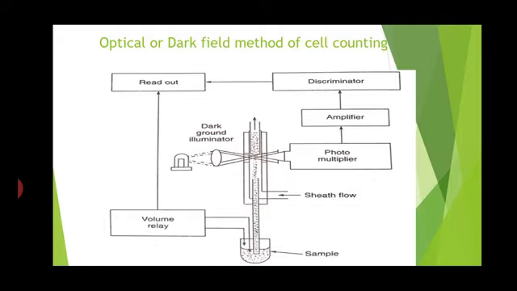This is a block diagram for the cell counting method using the dark field. In it there is a volume relay, illuminator bulb, sheath, photomultiplier, amplifier, discriminator and a sample. This is the block diagram, and you get this question for 5 marks.